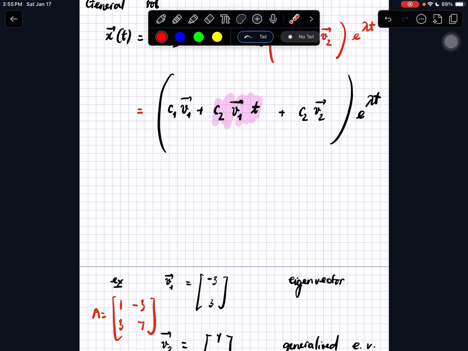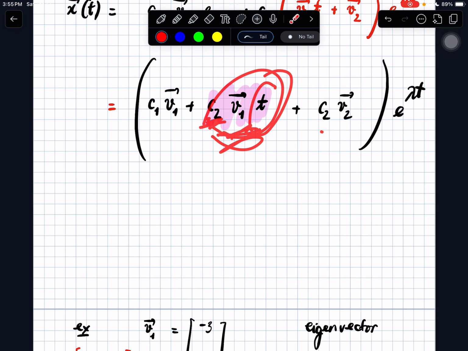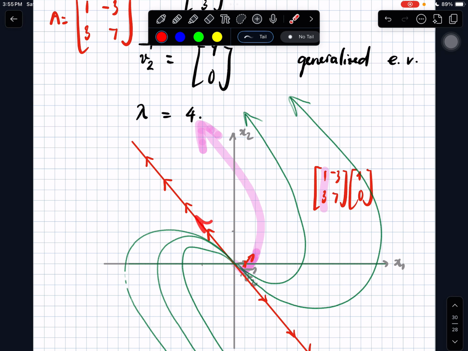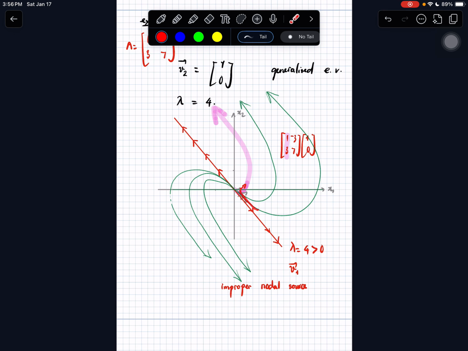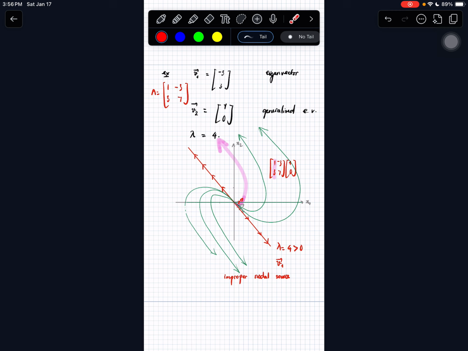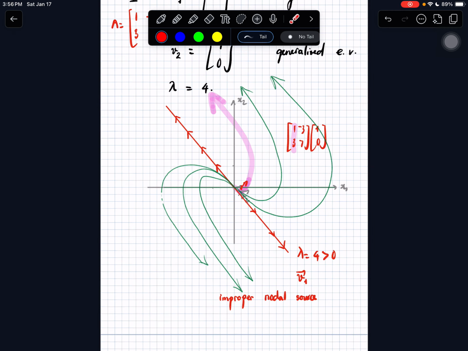About the case where t tends to negative infinity, assume that c2 is still positive, this one will be negative: negative v1 plus just some number times v2. So we still go in the direction of the opposite side of v1. V1 is minus 3, and the opposite side of v1 is this side. That's why we see this behavior. Similarly, you can do the same thing for the case where lambda is negative.